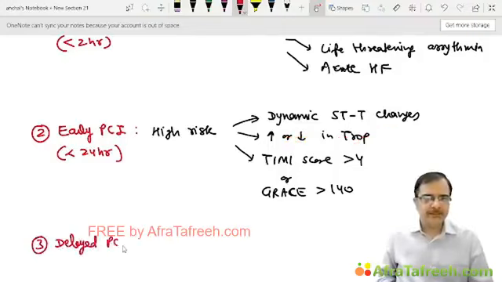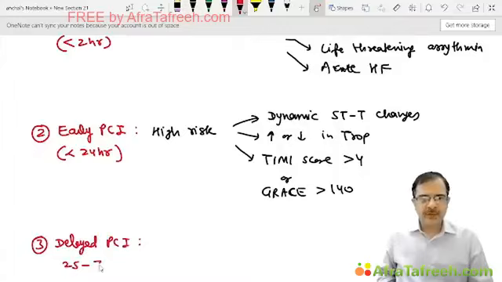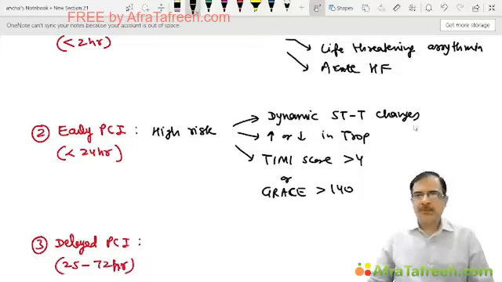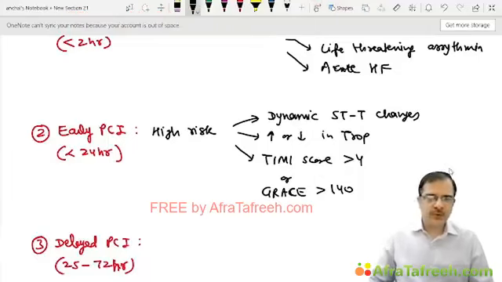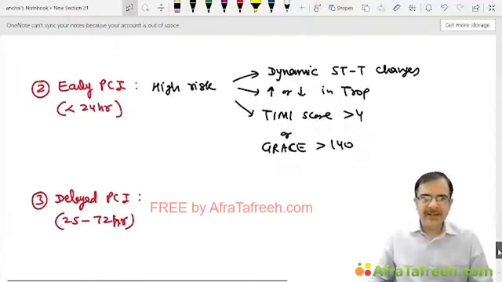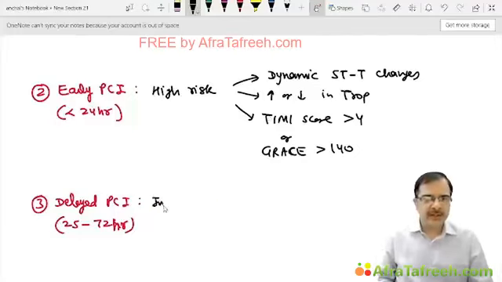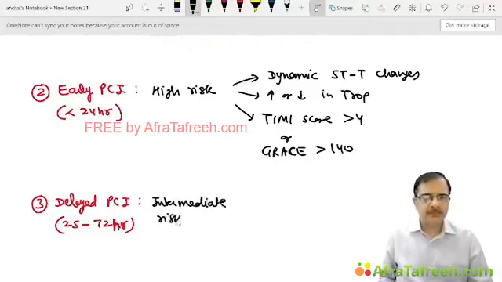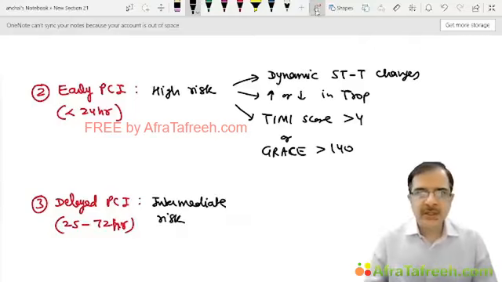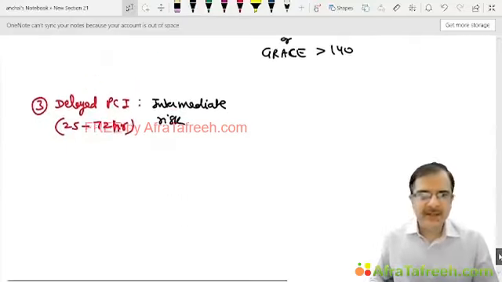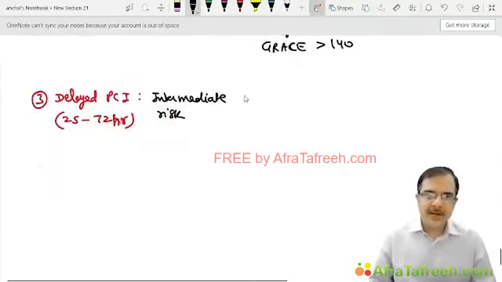Number three is a delayed PCI. That means it can be done 25 to 75 hours later also. The indication for a delayed PCI is patients with intermediate risk. Now, what makes the patient intermediate risk where the delayed PCI is indicated?